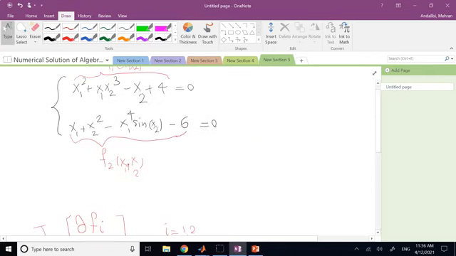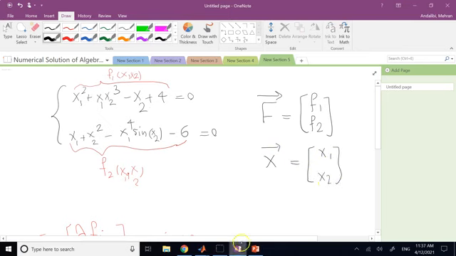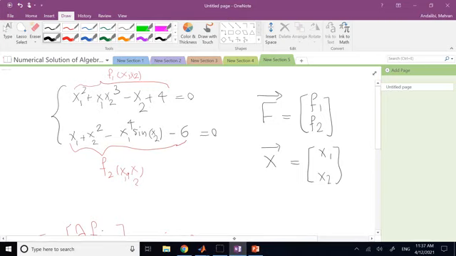When I say f, the vector f that you saw over there is f1 and f2. And the vector x that you saw in that update equation is x1 and x2 here. These x and f are in bold font, so it means they are vectors.